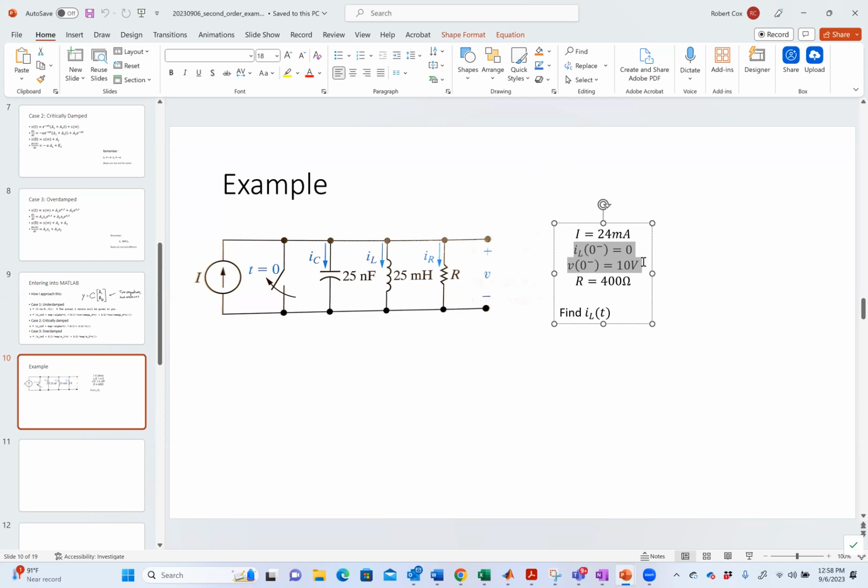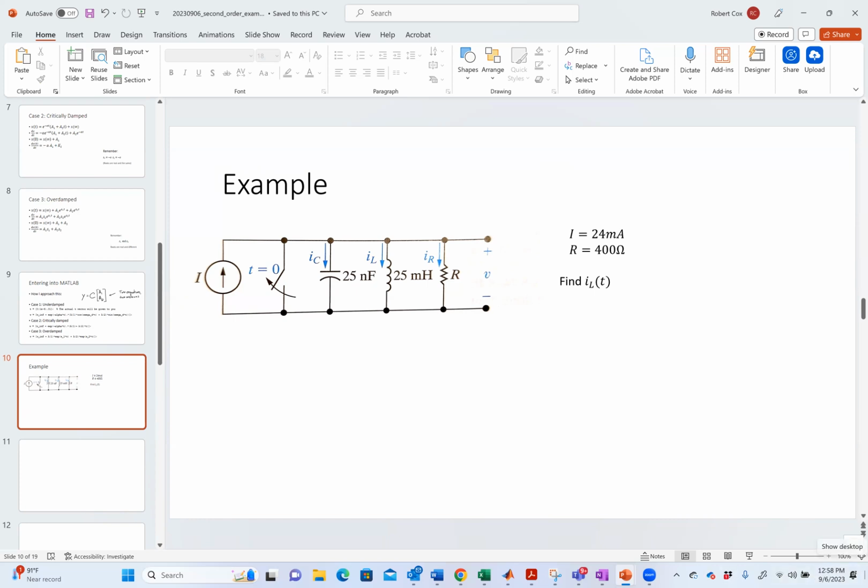I want to pretend like those numbers don't exist for a second. I want to find my differential equation for I sub L of t. So how do I approach this? It's for t greater than 0, so what do I do with that switch?